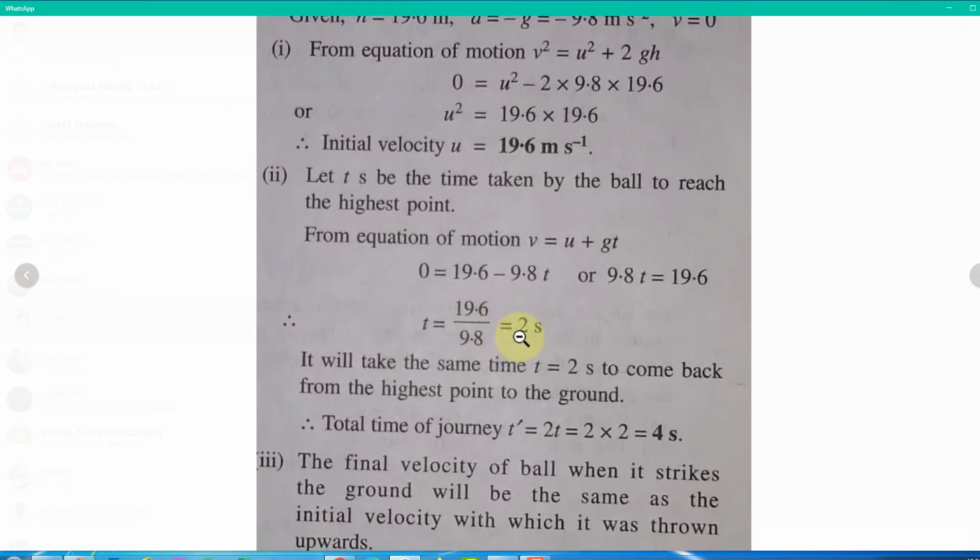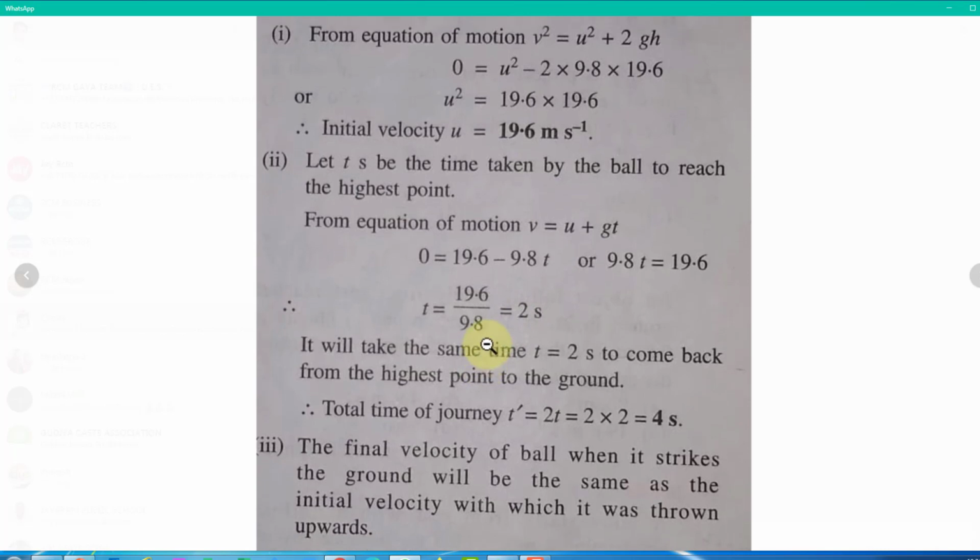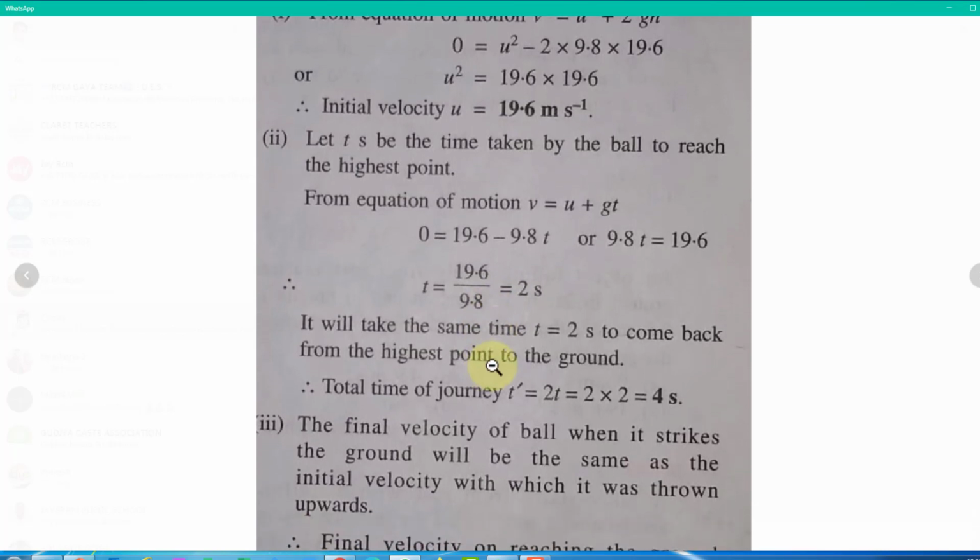So by this we got t is equal to 2 seconds. It means it takes 2 seconds for the ball to reach the highest point.